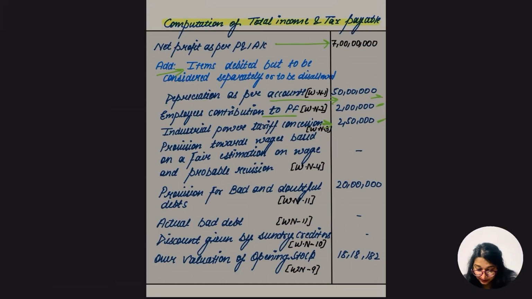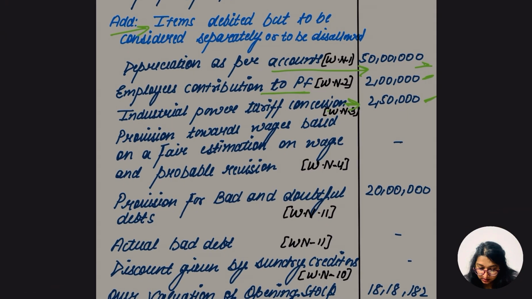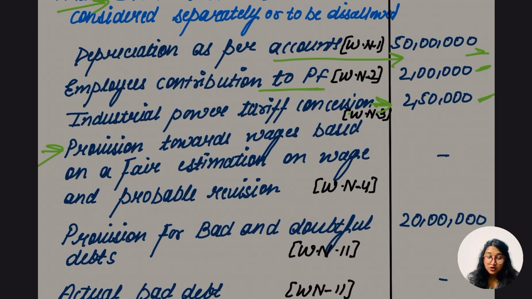Okay, so as per this point, the provision for the wages based on the fair estimation on the wages and probable revision is not going to be added back. As I told you, if any obligation arises from the past event, the present obligation actually arising from the past event, in that case that would be allowable as a deduction.